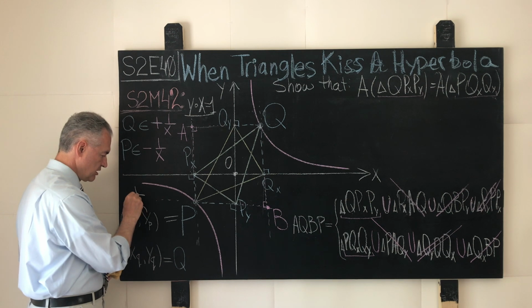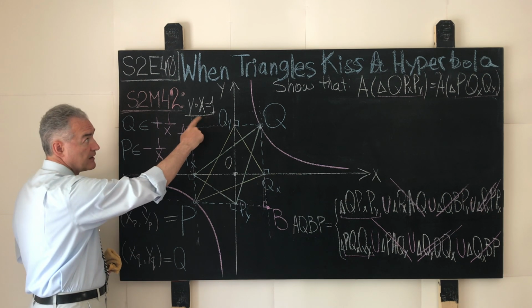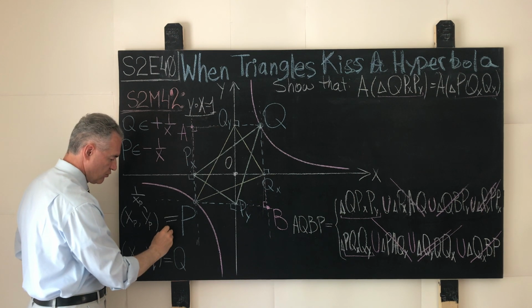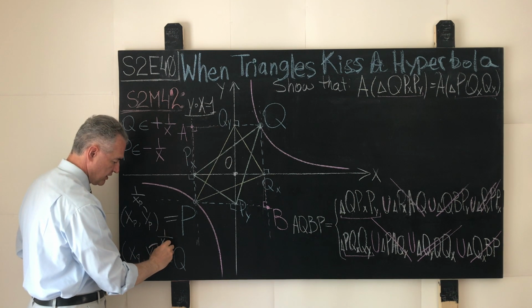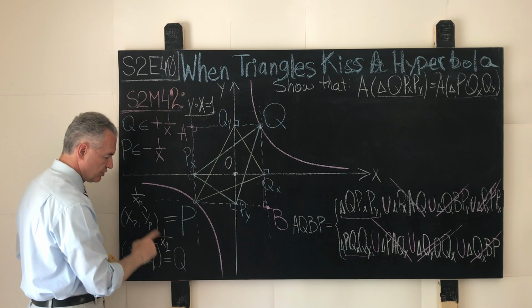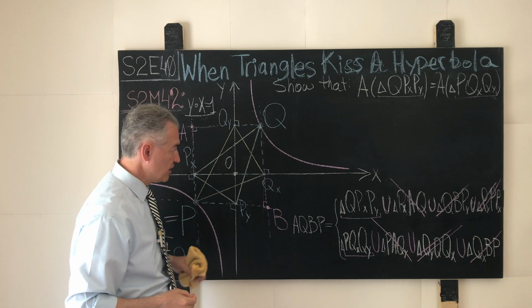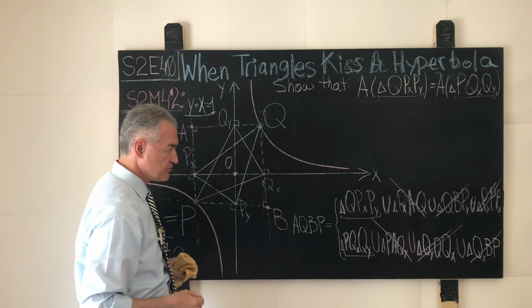Well, 1 over xP in the first case because of the relationship between the real numbers y and x, and in this case it will be 1 over xQ for the point Q, and when folded, all the expressions for the areas of the complementary right triangles.